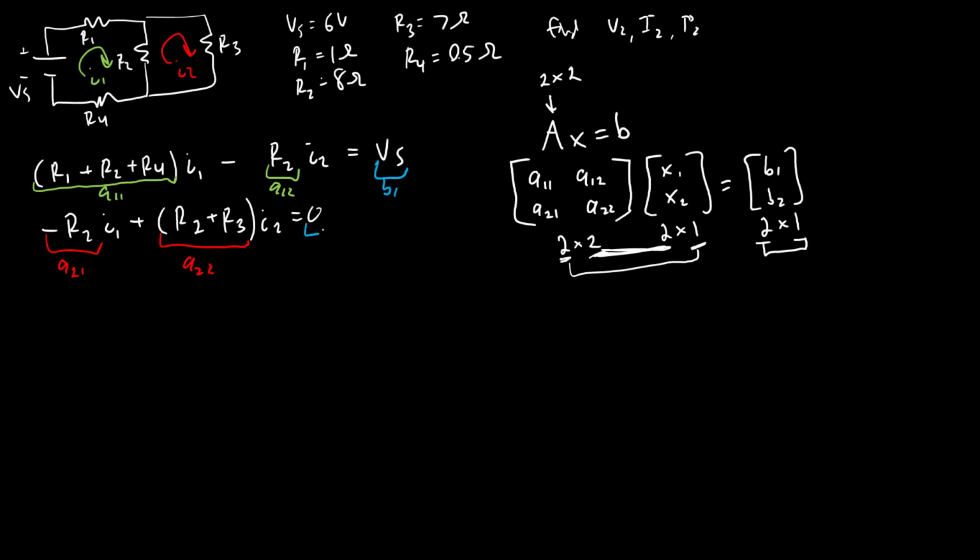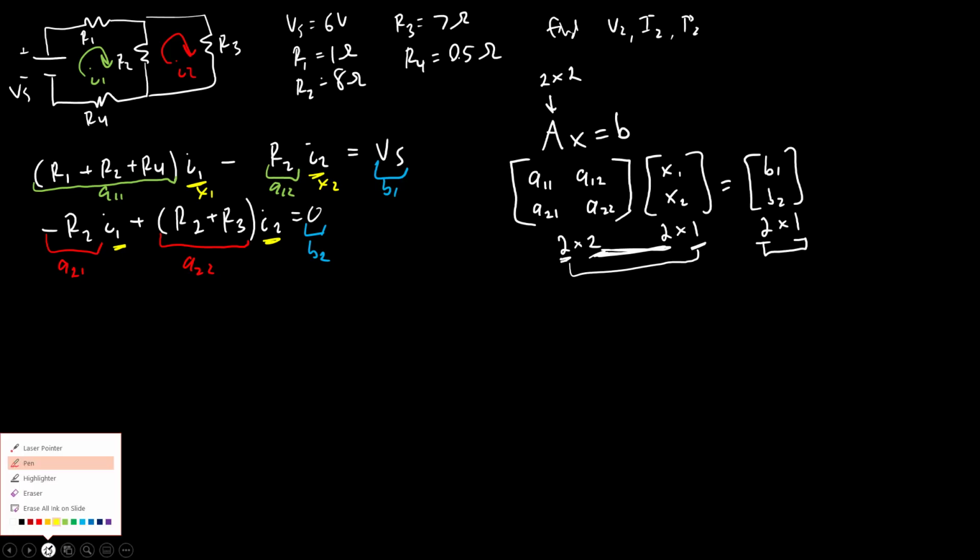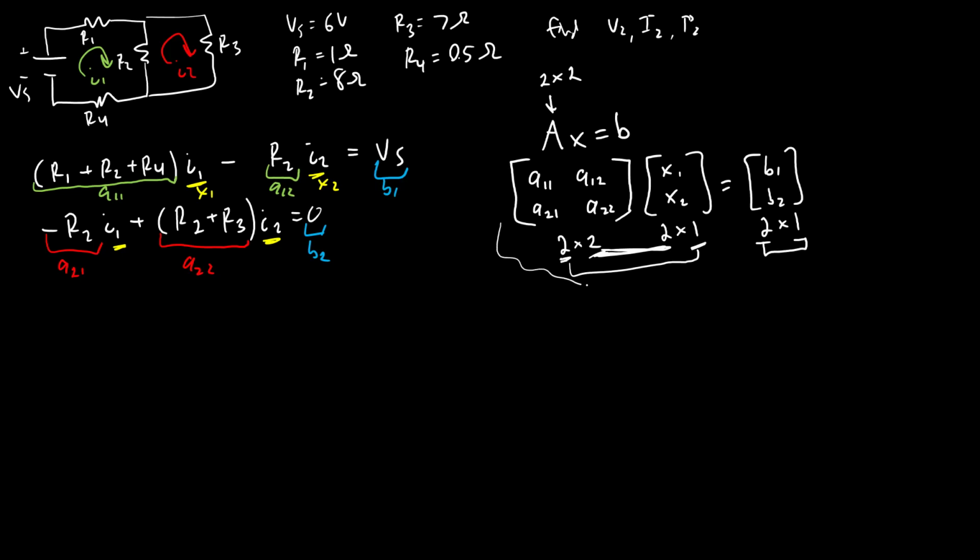This is going to be B1, and this is going to be B2, and your I1 and I2 are your unknowns. So I1 is X1 and I2 is X2. So this over here is just a more compact way of writing out these two equations that I have written out over here.